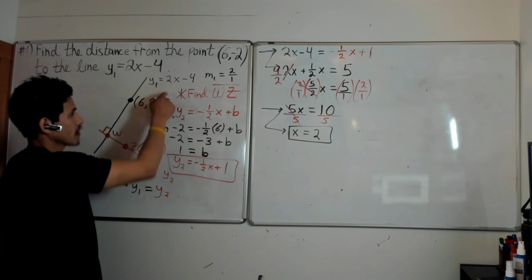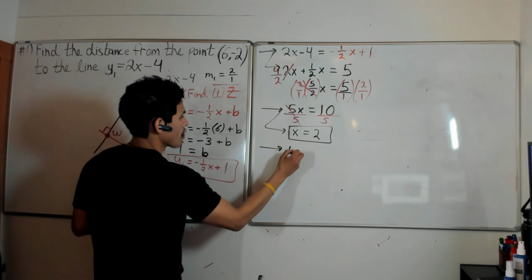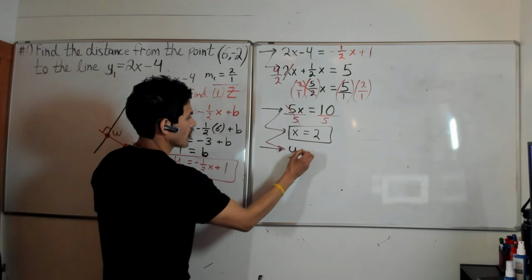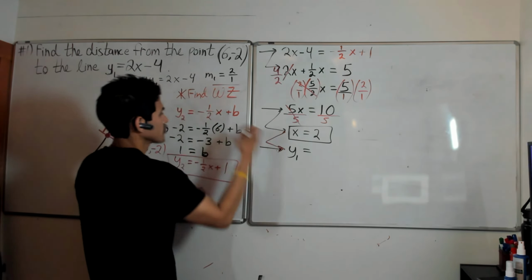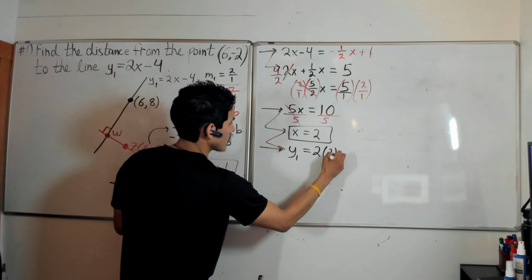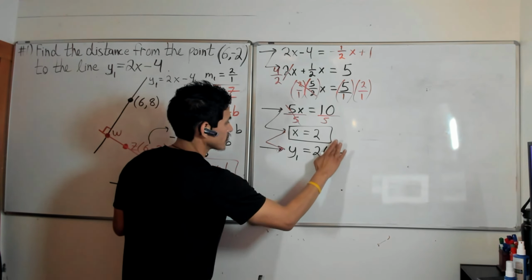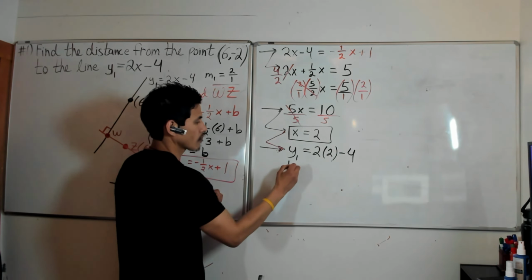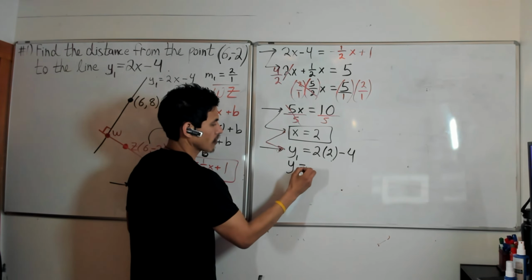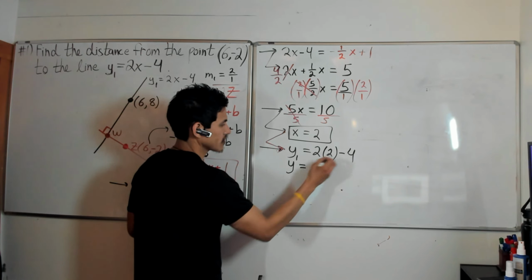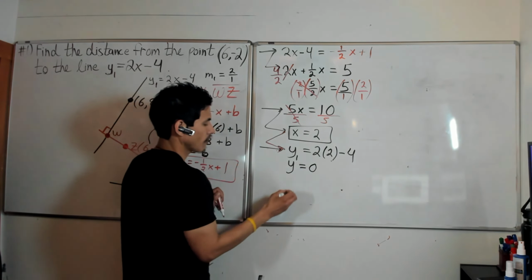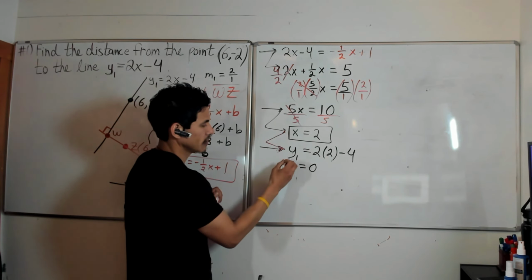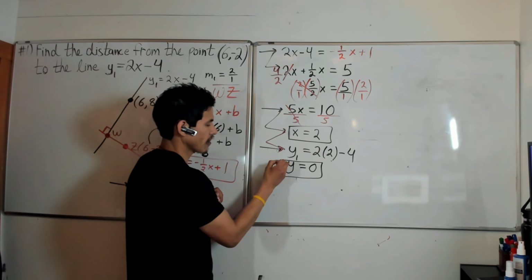So let's plug it into y1. y1 will be 2 times 2 minus 4, and we'll get that y is 4 minus 4, y is 0. I put y1 just because I used that equation, but it doesn't matter. It's just the same y value.